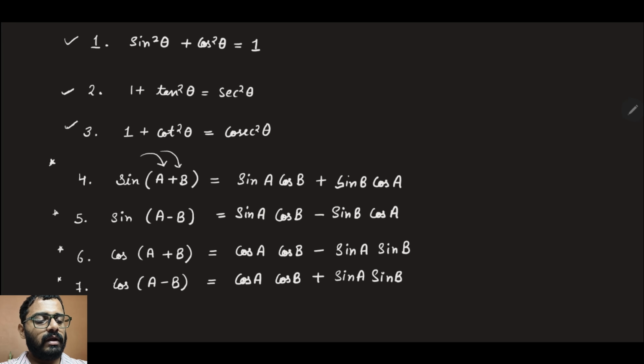Now if I give a question here, where to use, how to use these identities. First question, consider I am asking you sine of 82 degrees. How will you find the value of sine of 82 degrees? Because we only remember the values of 0, 30, 37, 45, 53, 60 and 90.